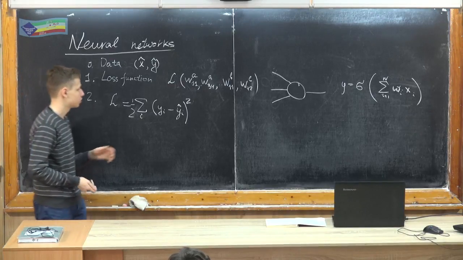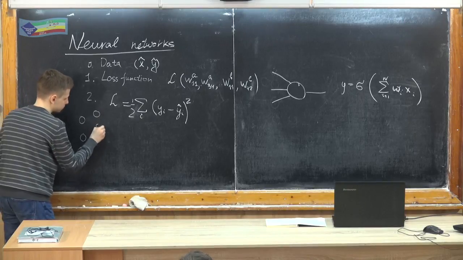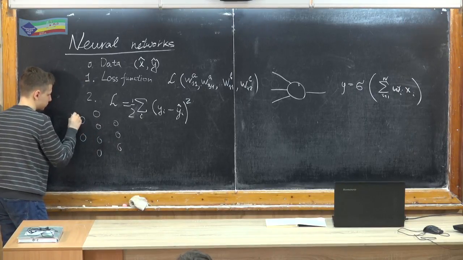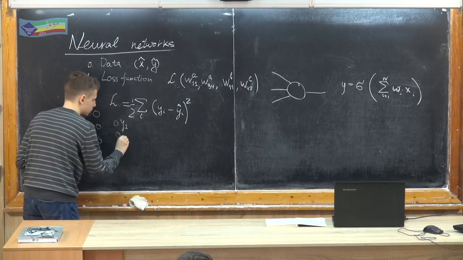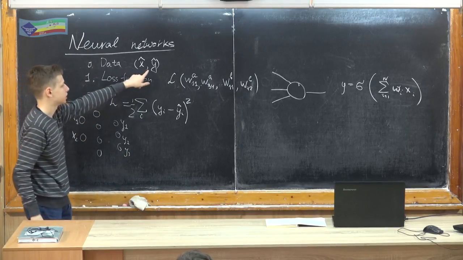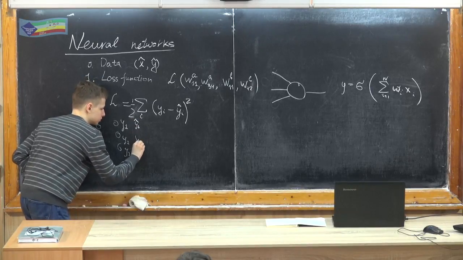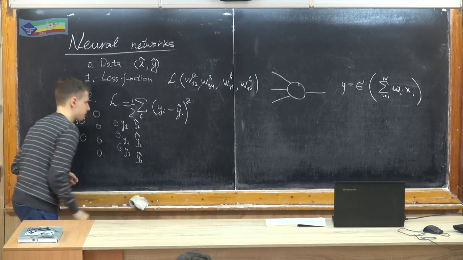And so after we have some x1 and x2, we get some y1, y2, y3, and then we compare them with the data points, which will be denoted as y1 with a hat, y3 with a hat.